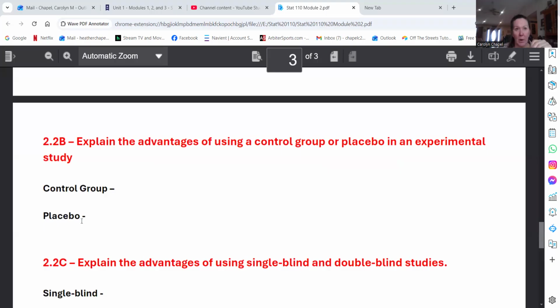Versus a placebo, a placebo is when we are giving a treatment that really isn't a treatment. A lot of times people refer to this as a sugar pill. So you're getting a drug, but this drug really has no effect on your body or anything.